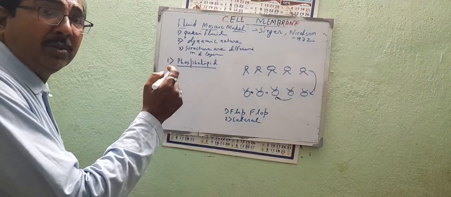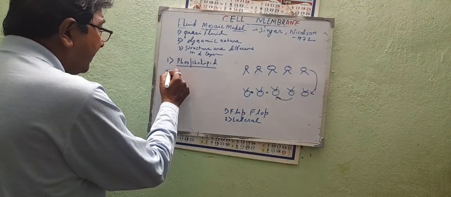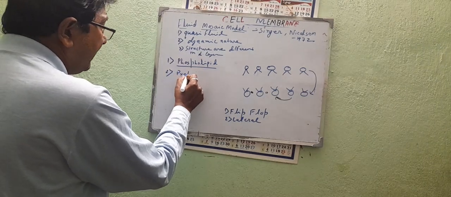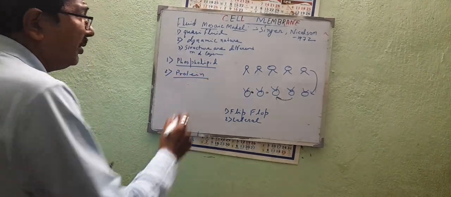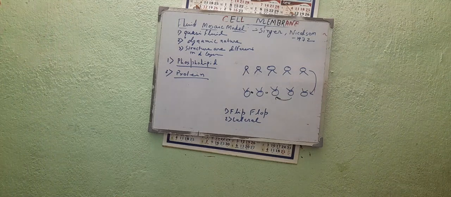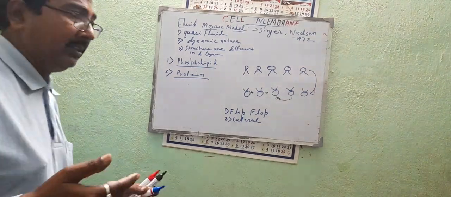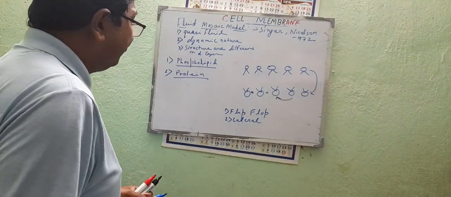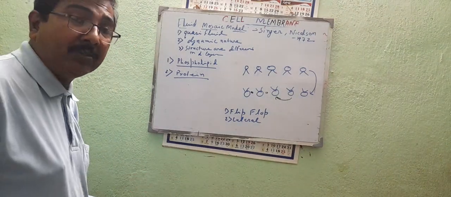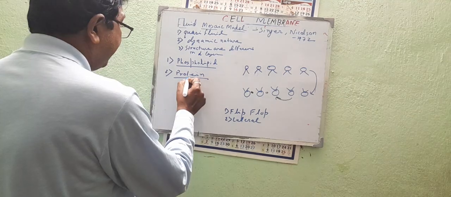Next, number two is protein. Protein is another important component of the plasma membrane. Depending on extraction, two types of protein are there. One is intrinsic protein.